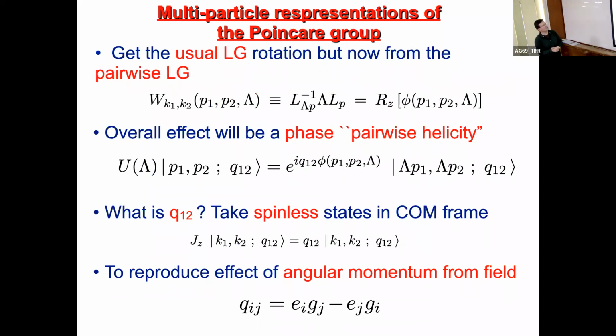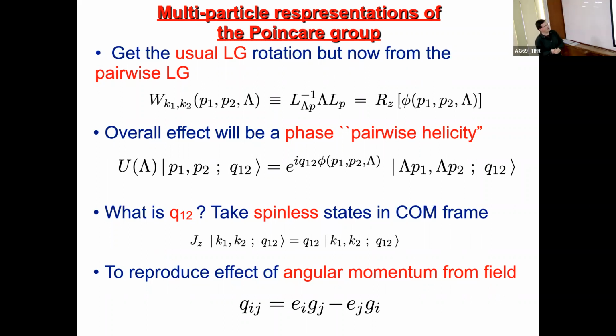So again, of course, in the special frame, it is just going to be a rotation around the z-axis. In the general frame, it's not a rotation around the z-axis, but you just have to do Wigner's trick: you first go into the frame where they are back to back, then you do a rotation, and then you go back to your original frame.